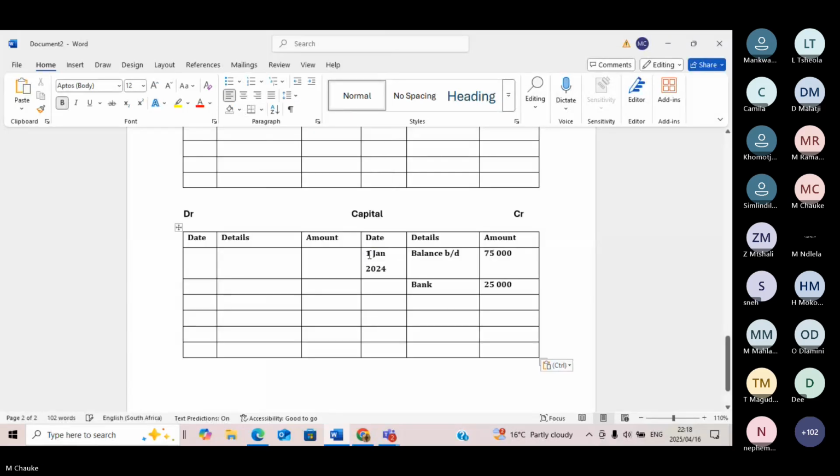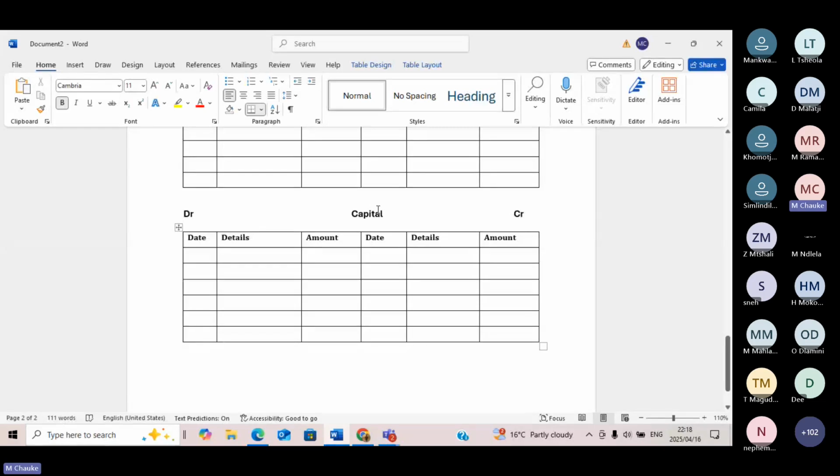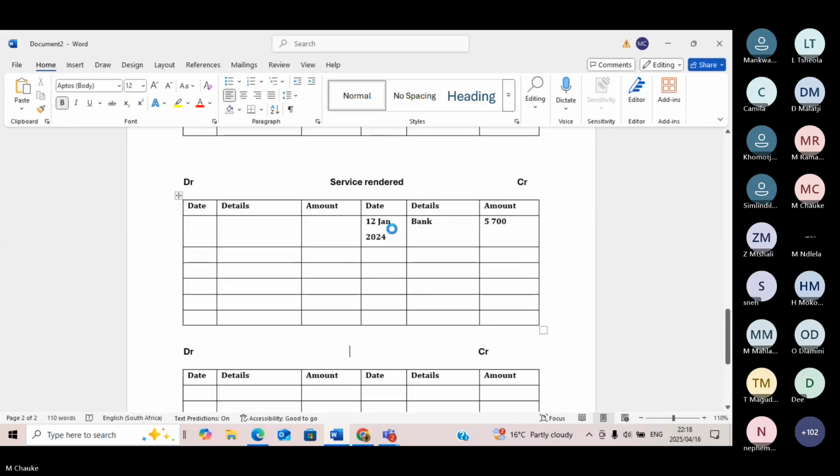Sir, is service rendered in opening balance? Oh, service rendered has got an opening balance. Yes. So it means here we have to say 1 million, and then this one must come below there.